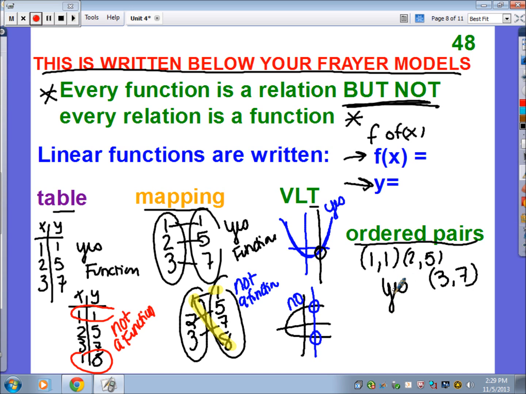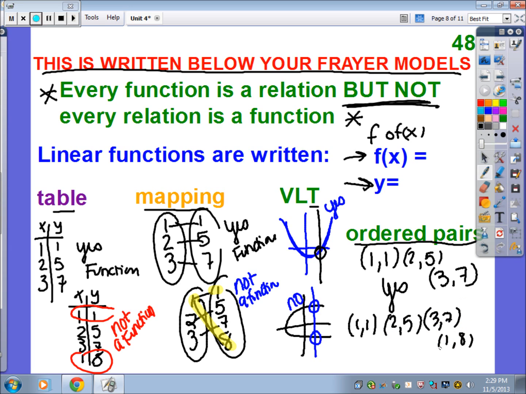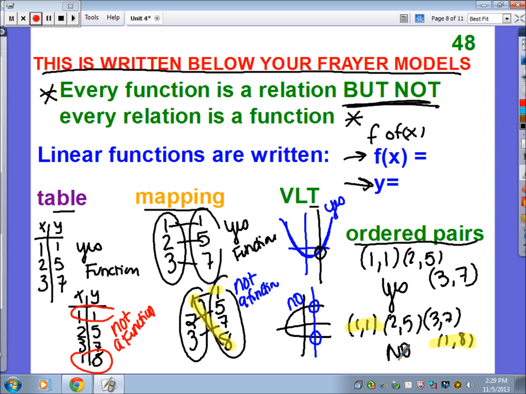That's yes. And then if we add in (1, 8), that's no, because the 1 repeats. Make sure you get all of these down into your notes.